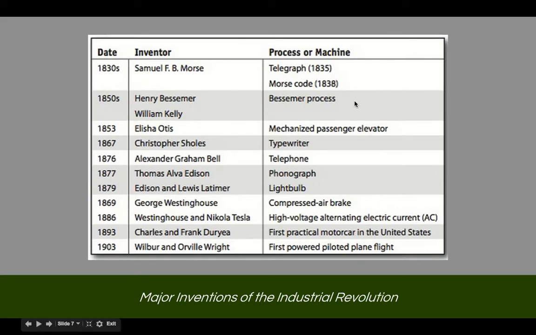Also, as we just mentioned, the Bessemer process for creating cheap steel. But other inventions which are extremely important, for example, the light bulb, the first practical motor car, of course, 1903, the first plane flight by Wilbur and Orville Wright, right here in North Carolina at Kitty Hawk.